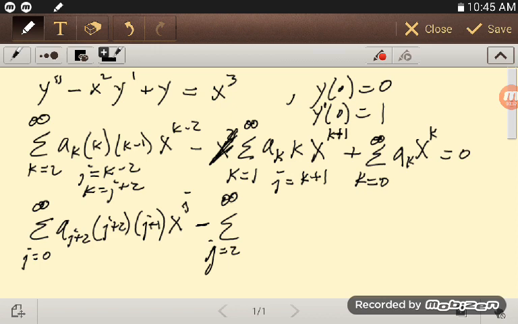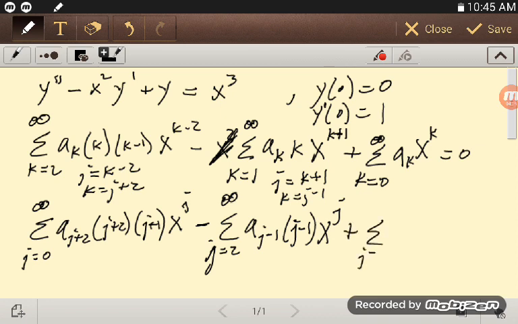Well, j is k plus 1, so k is j minus 1. So we get a j minus 1 times a j minus 1 times x to the j, and then plus the sum j equals 0 to infinity, where I'm just switching the k's to j's, x to the j equals 0.